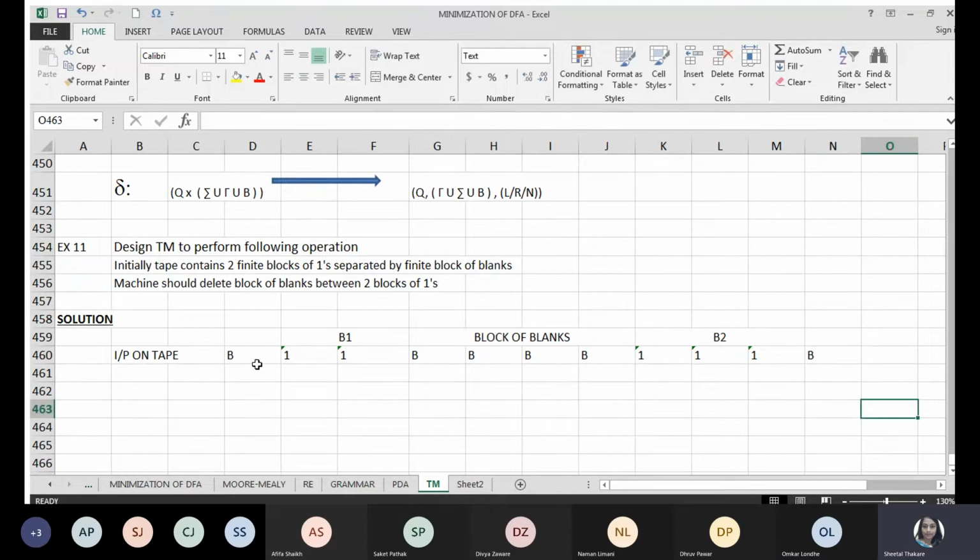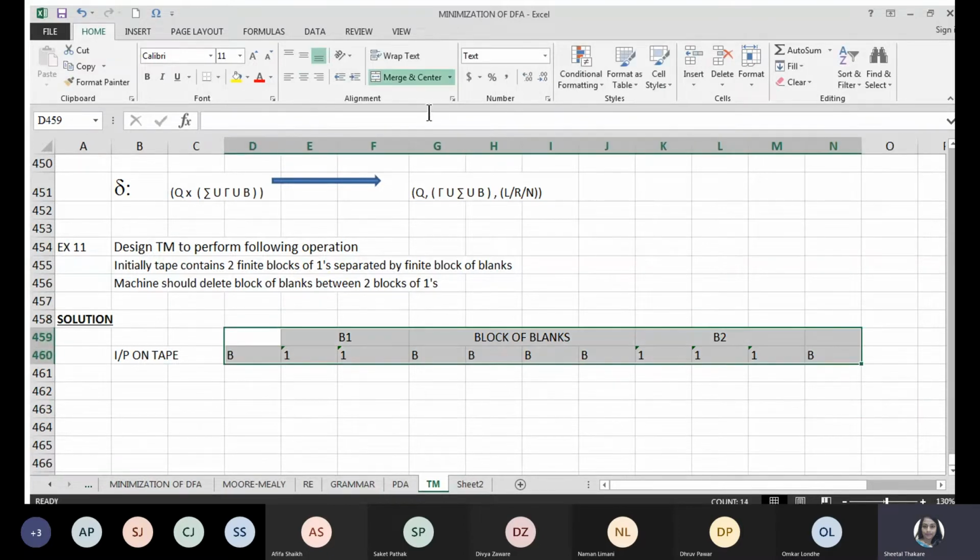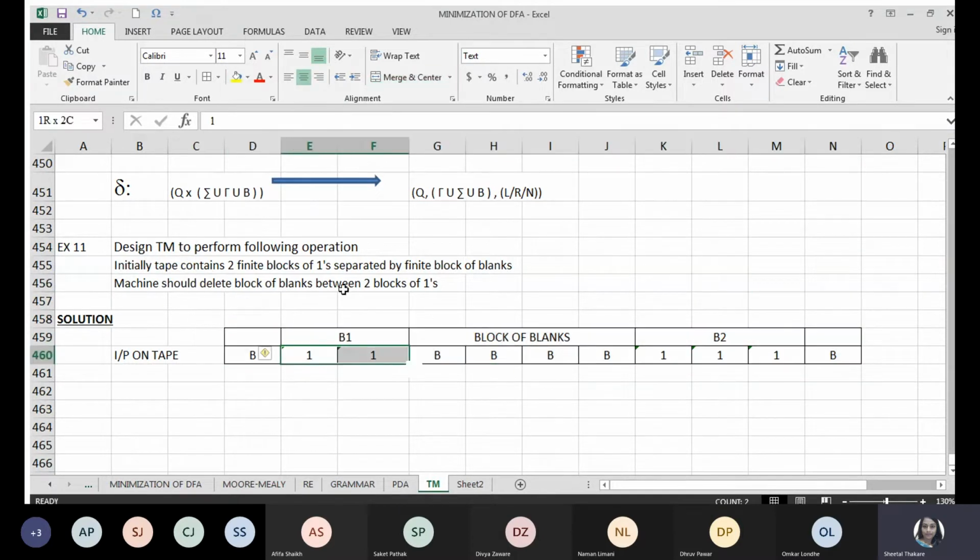So this is the visual representation of the input tape for this sum.